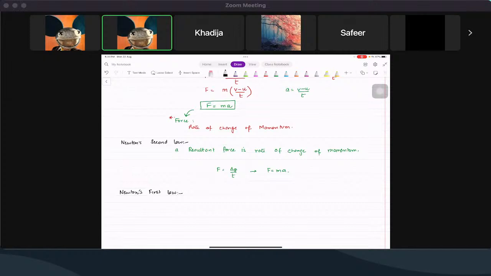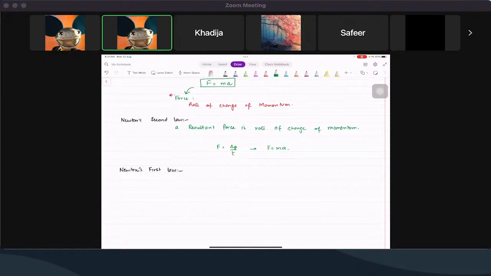So what he means by resultant force is that an object will continue to move at constant speed in a straight line, or stay at rest, unless a resultant force, that we sometimes call the external force as well, acts.